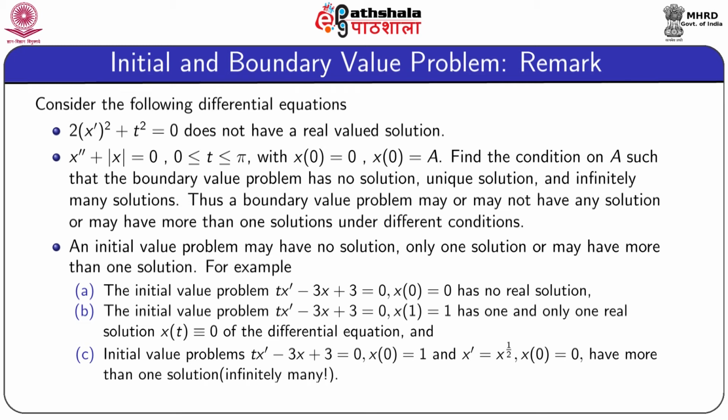On the other hand, the problem t dx/dt minus 3x plus 3 equal to 0 with the initial condition x(1) equal to 1 has one and only one real solution, and that is x(t) is equal to 1.